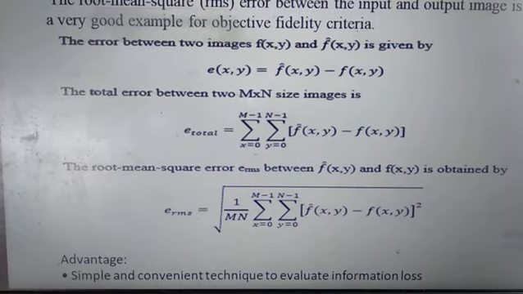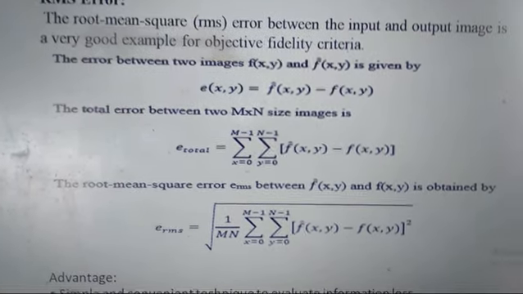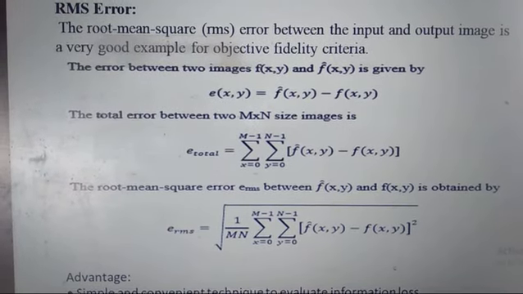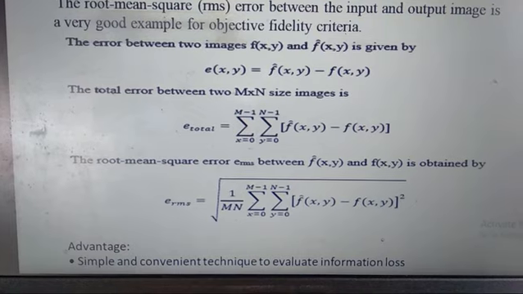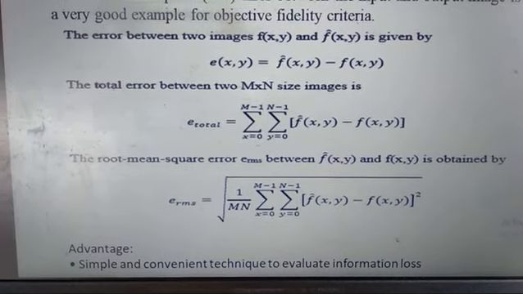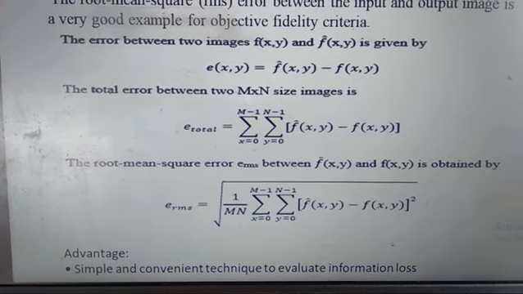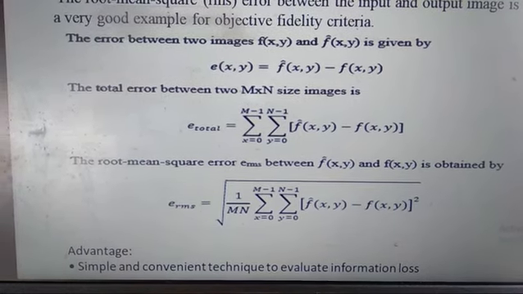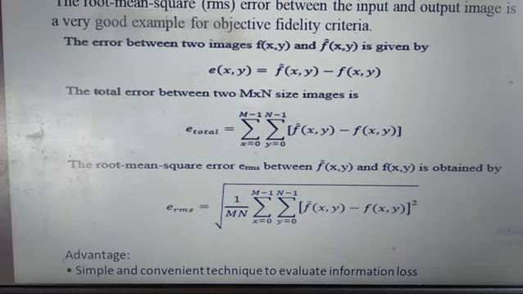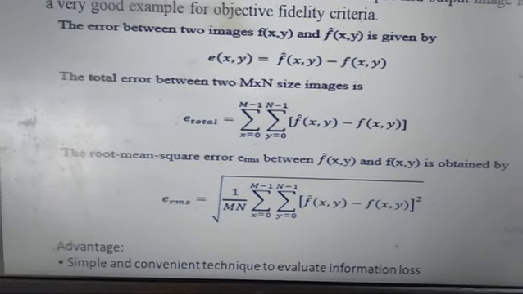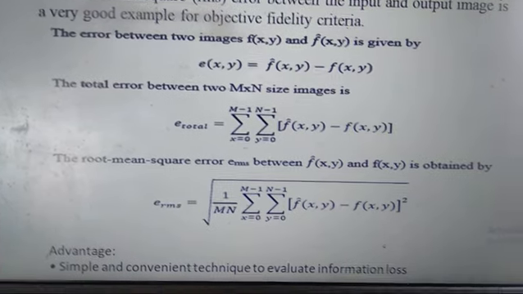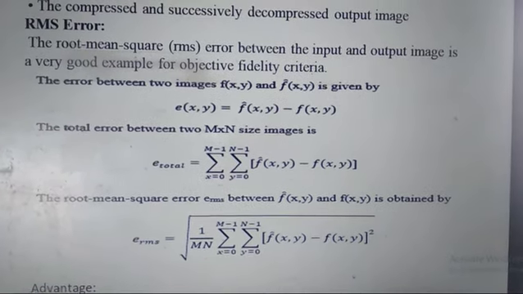The root mean square error E RMS between f dash of x y and f of x y is obtained by E RMS equals the square root of 1 upon M N, summation from x equals 0 to M minus 1 and y equals 0 to N minus 1, of f cap of x y minus f of x y, squared. It gives the advantage of being a simple and convenient technique to evaluate the information loss.